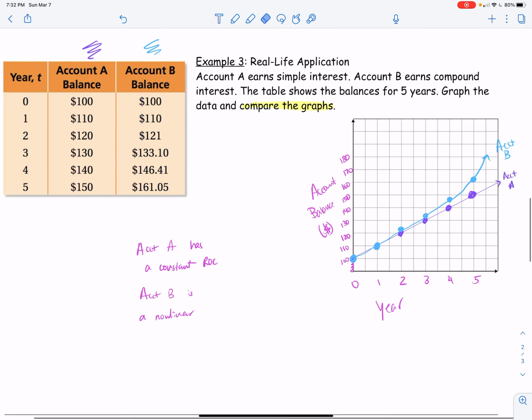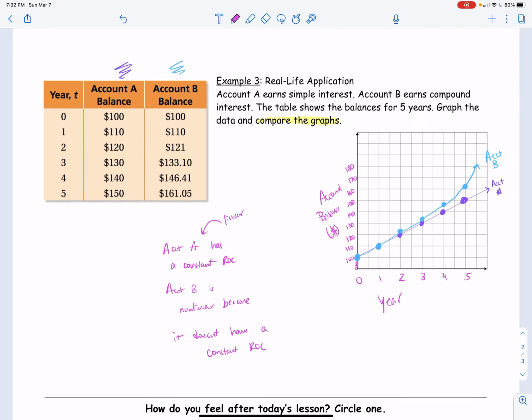It's non-linear because it doesn't have a constant rate of change. So that's the difference between the two. I would even include that account A is a linear function. Why? Because it has a constant rate of change. Account B is a non-linear function because it doesn't have a constant rate of change.